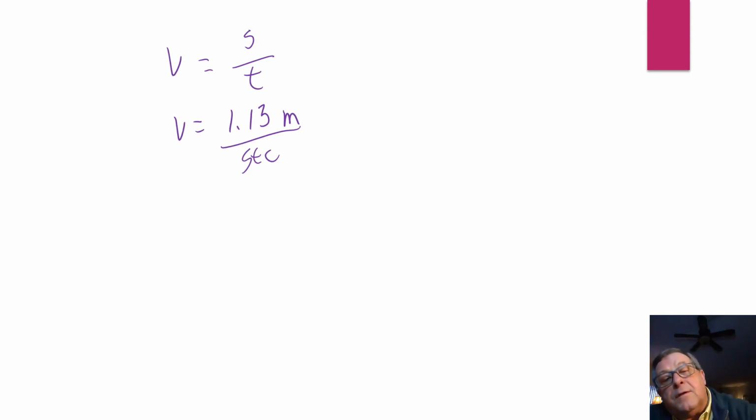So let me think about this. What's my conversion? Kind of stands my conversion ratio on its head. So if I want to end up in minutes, then I think I want to say there are 60 seconds per 1 minute. Now my seconds are going to cancel, and I'm going to end up in meters per minute, right?